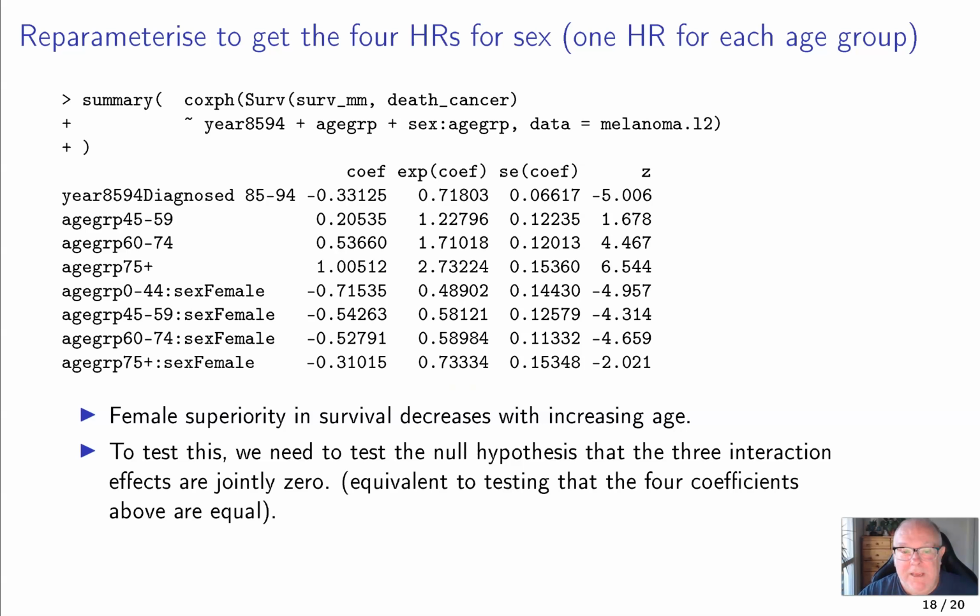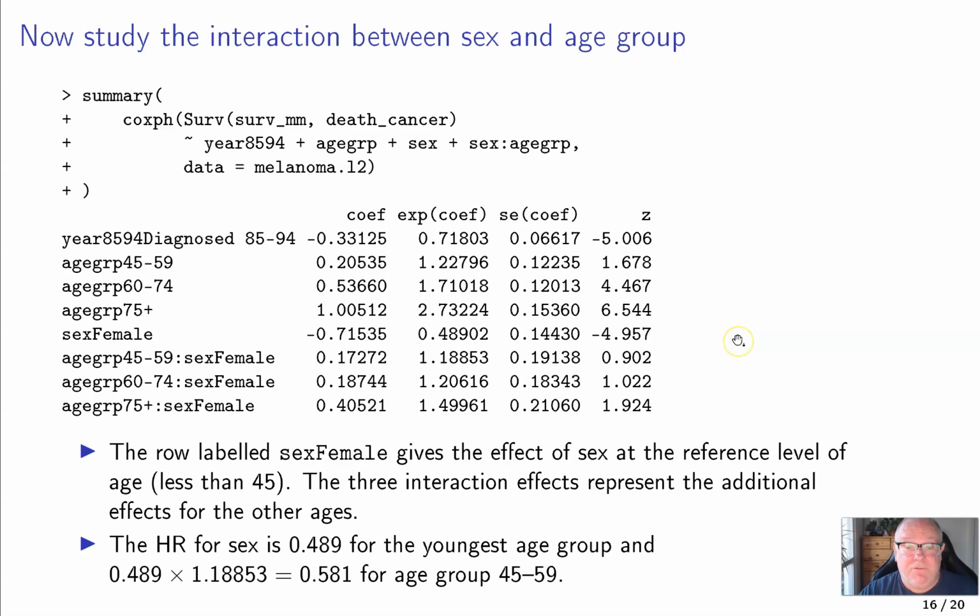Now, we can test this, but we're not testing one parameter like we were before. We have to test, are these 4 hazard ratios all equal? Or equivalently, if I go back to the default parameterization, I have to test.